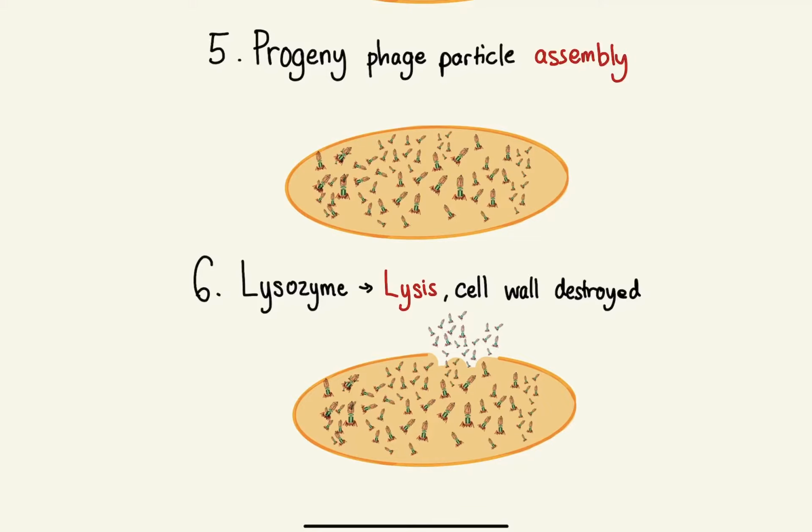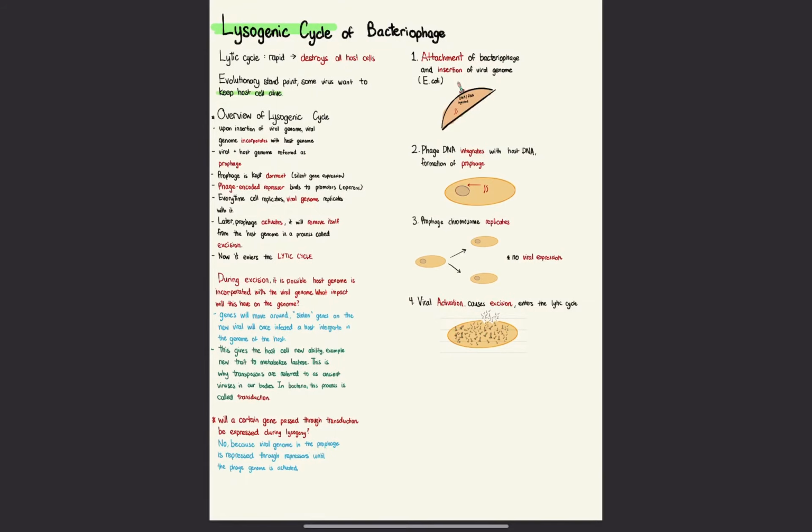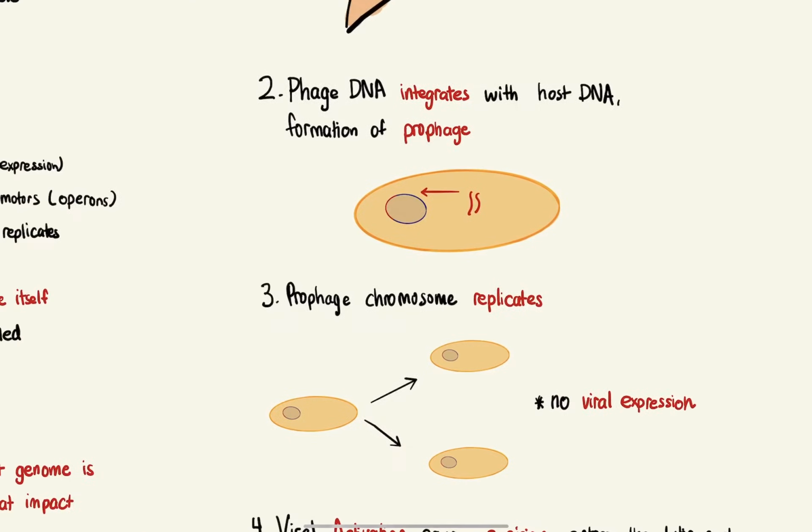And because of that, from an evolutionary perspective, it's very helpful that these viruses go through the lysogenic cycle instead. Because look, the host cell is still alive, and because it's alive, it's actually doing relatively fine, so it can keep on replicating itself compared to having no host cells to infect.